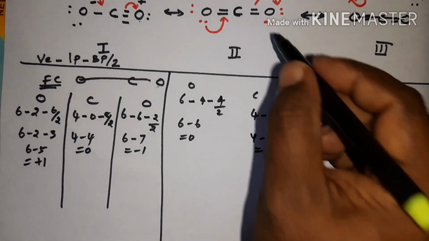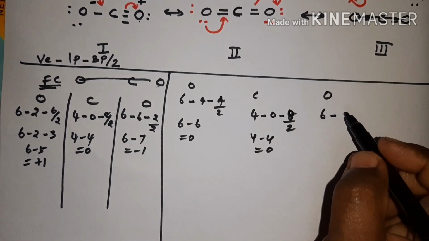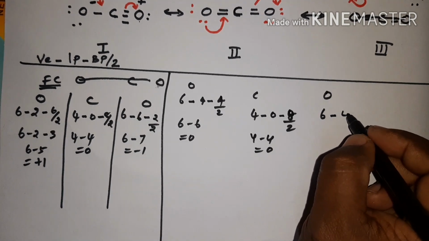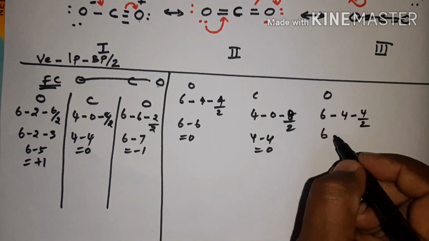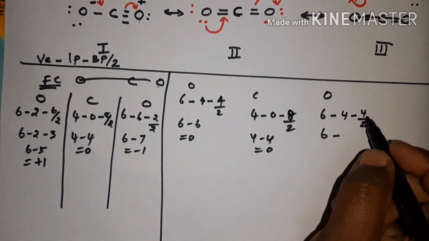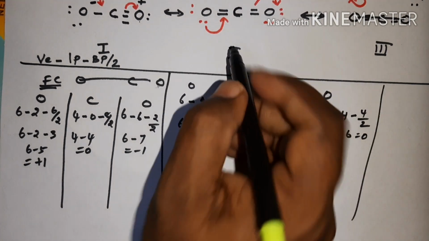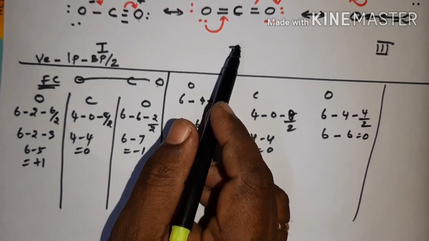Then oxygen also: 6 minus lone pairs, 4 electrons, minus bond pairs, 4 divided by 2, so 6 minus 6 we are getting 0. So in structure 2 there is no charge on any atom, hence it is a stable structure.